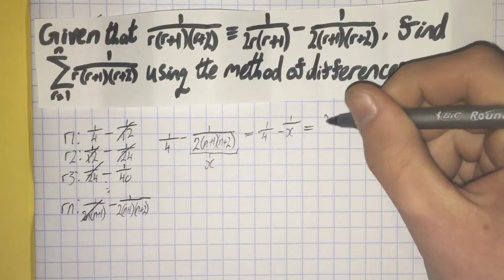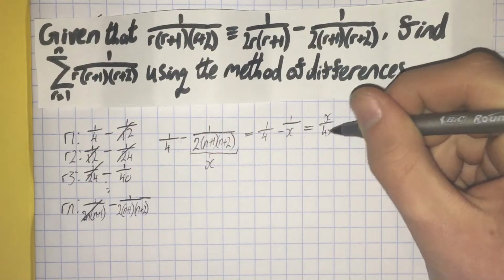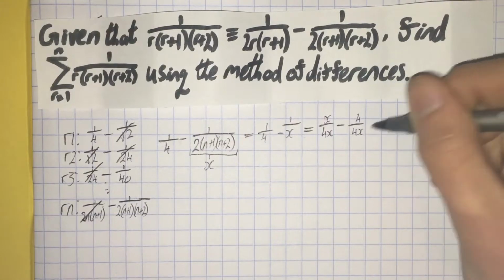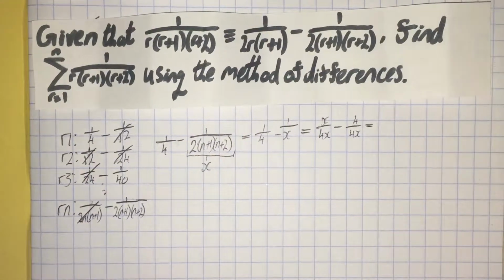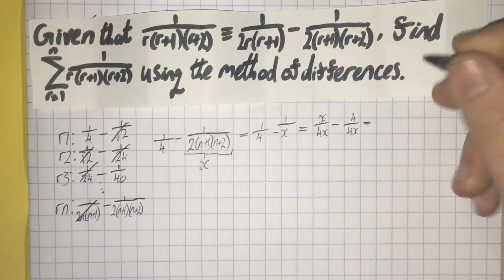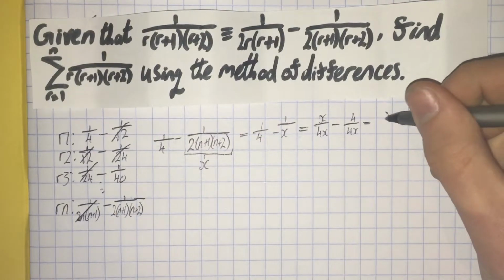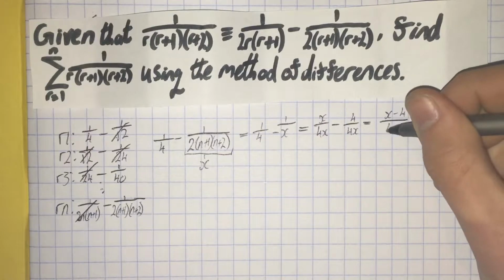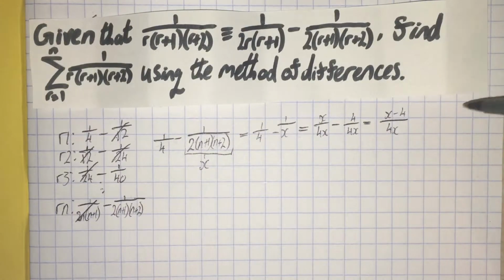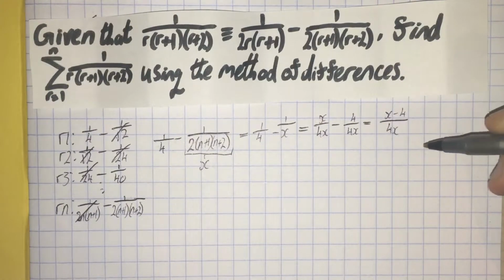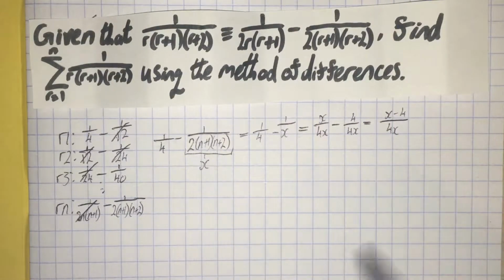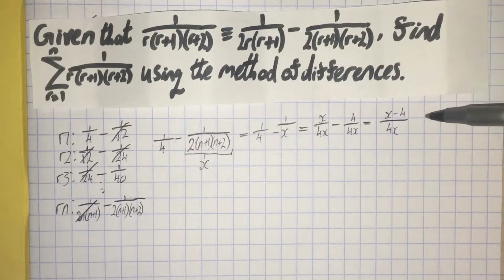So we shall have x over 4x minus 4 over 4x, which basic fractions tells us that we shall have x minus 4 over 4x. Now we'll expand this, knowing what x equals here, and we shall simplify where we can.